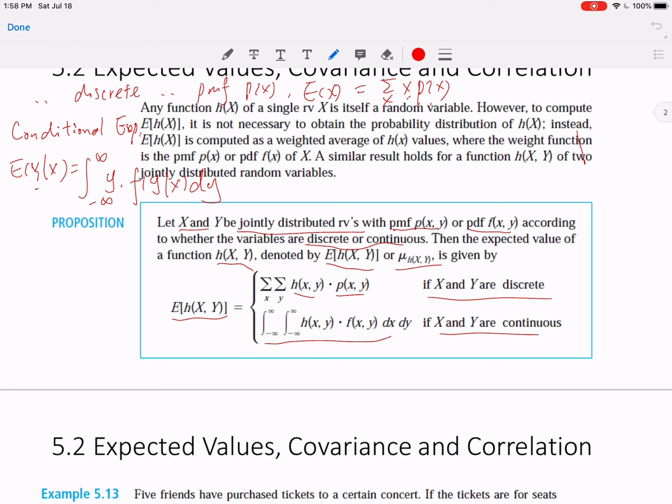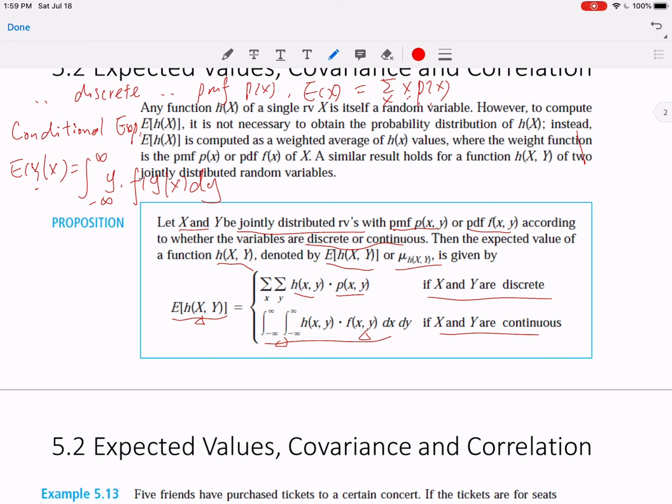Basically, if the two random variables are continuous, we just need to integrate the product of whatever is inside the expectation and then multiply by the PDF. Since we're dealing with jointly distributed random variables, which means two random variables, we need to do the double integration to finish the integral.